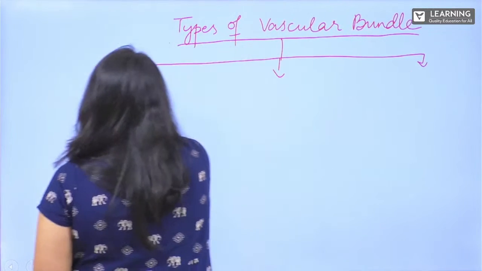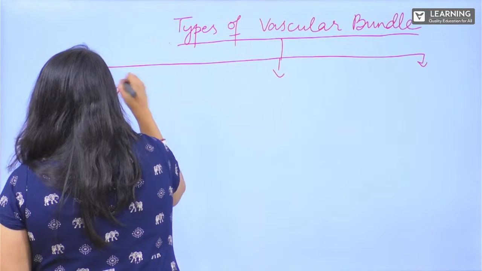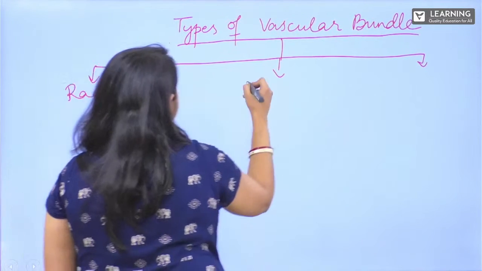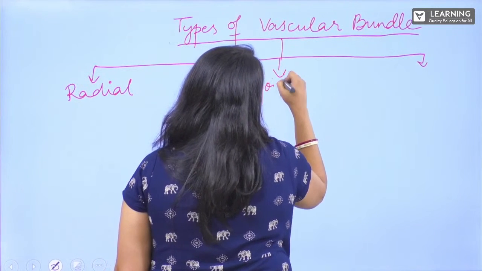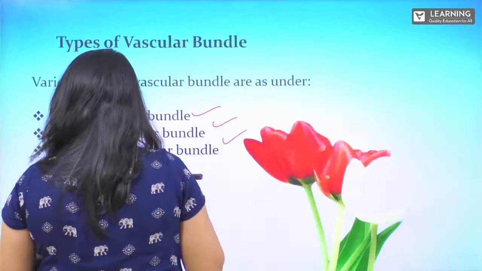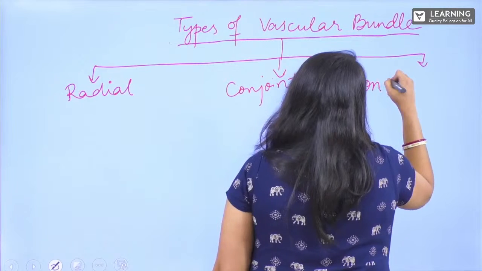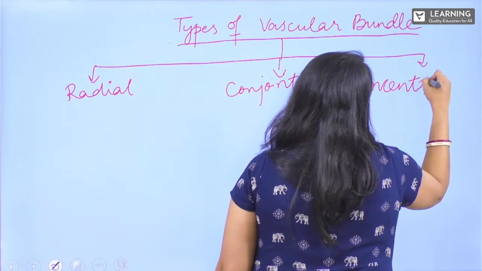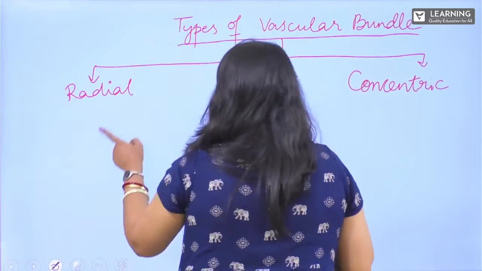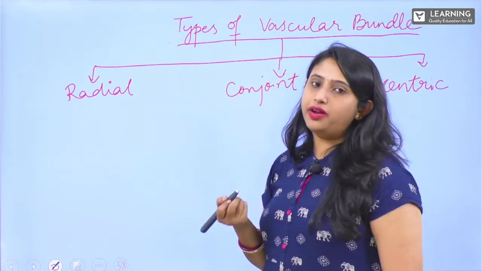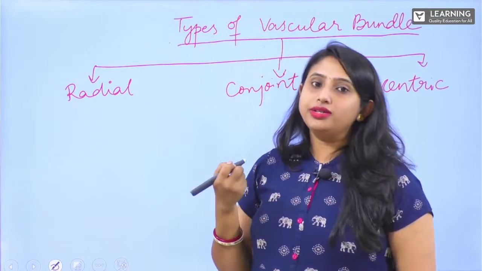One is your radial, next one is your conjoined, and the third one is your concentric vascular bundle. So in the radial, how are the xylem and phloem arranged? They are arranged in the opposite direction, towards the radial.